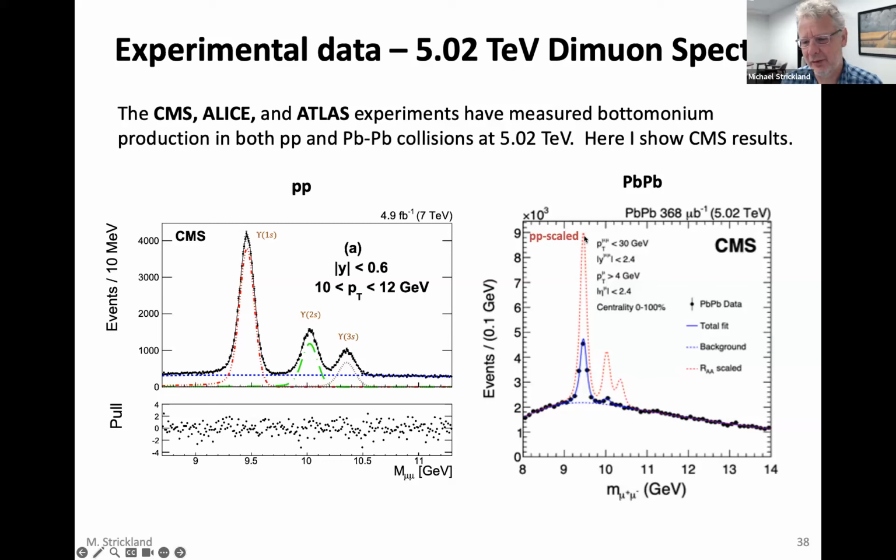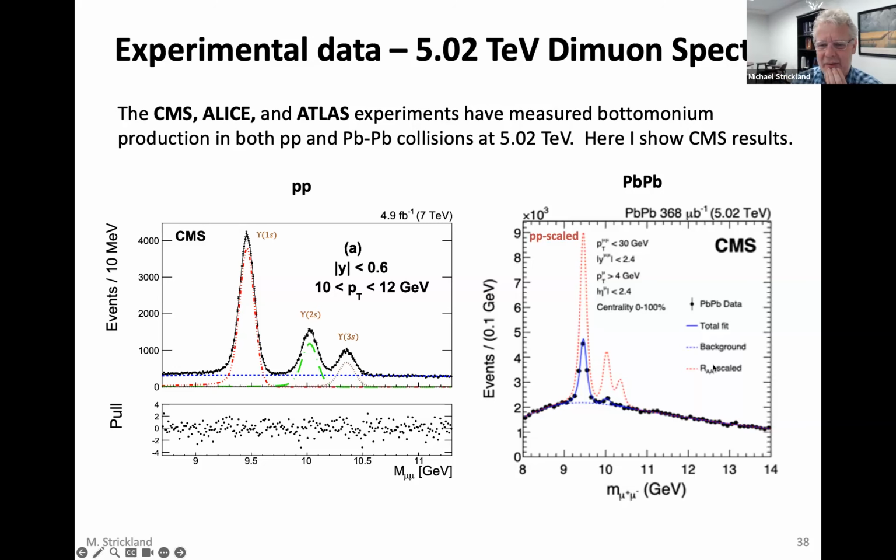That's this red curve here. And then the observation from the experiments, at least the fit, is the blue curve down here. As we can see, there's significant suppression of these excited states, and there's even suppression of the 1s state. Now, RAA itself is computed simply as the ratio between the blue and the red curve.